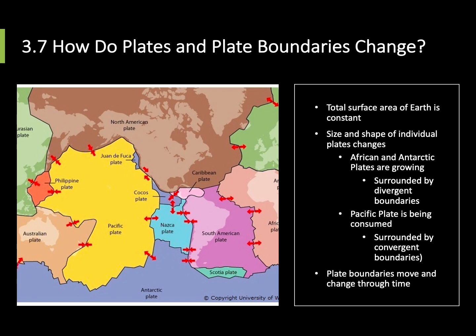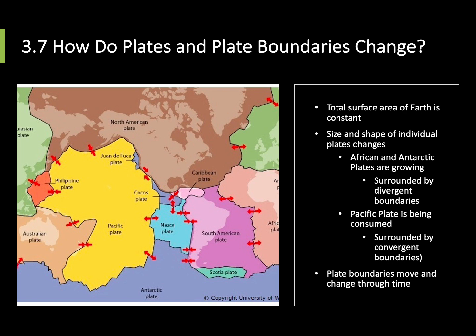So we see that each individual plate can change its size and shape depending on the types of boundaries along its edges. If it's surrounded by divergent plate boundaries around spreading centers, where new lithosphere is being created, those plates are going to grow, like the African and Antarctic plates are growing today. It's because they're surrounded by divergent plate boundaries.